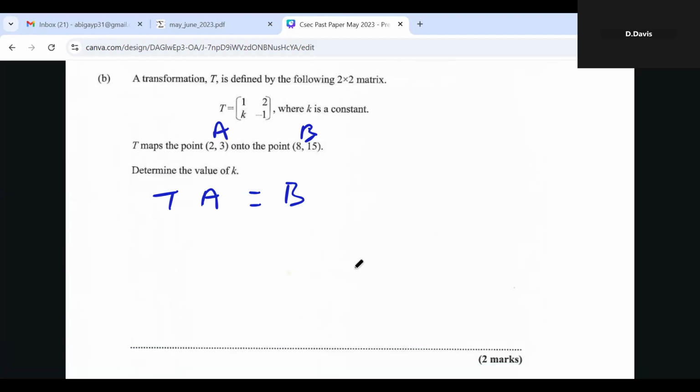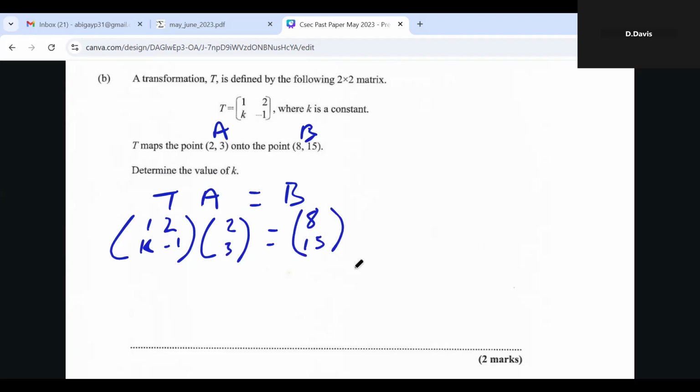So let us go. So 1, 2, k, -1 times 2 over 3 equals 8 over 15. Right? So when we multiply, we're going to get row by column.